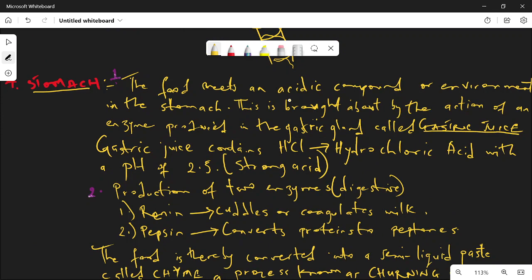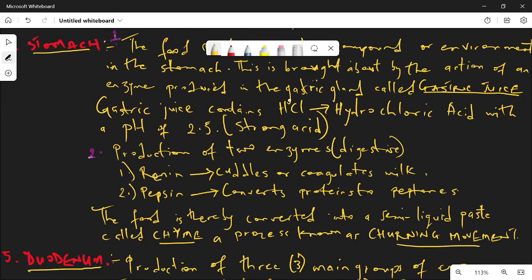This is it in our notes. In the stomach, that's where we have the gastric juice that contains the HCl, the hydrochloric acid. Is it clear now? Yes, sir. It is in the stomach that we have the HCl found inside the gastric juice that is produced in the gastric gland.